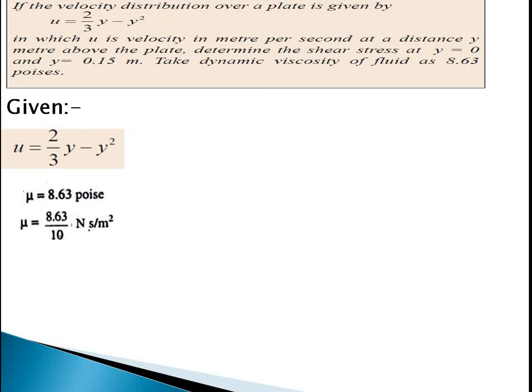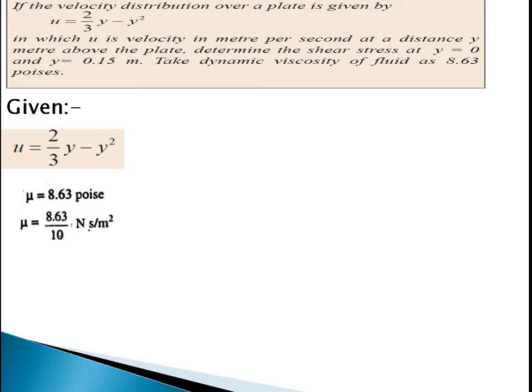Now to solve this problem, initially we have to take the derivative of above equation with respect to displacement y. If you take the derivative with respect to y, then it will be the plain equation in terms of du and dy.